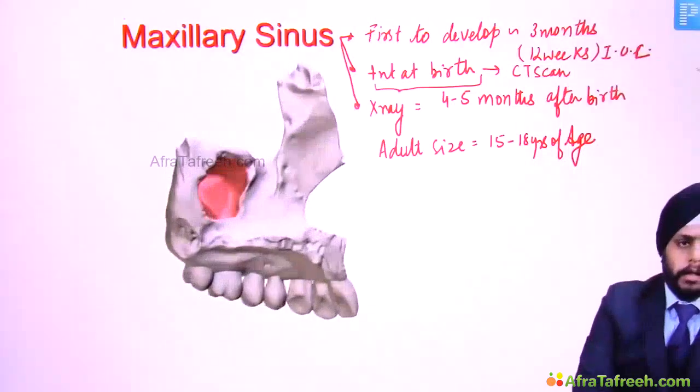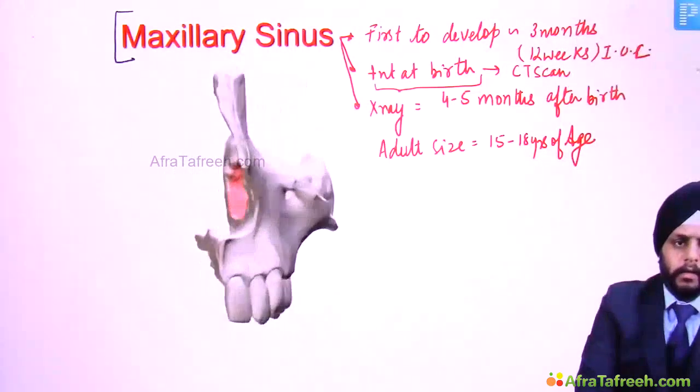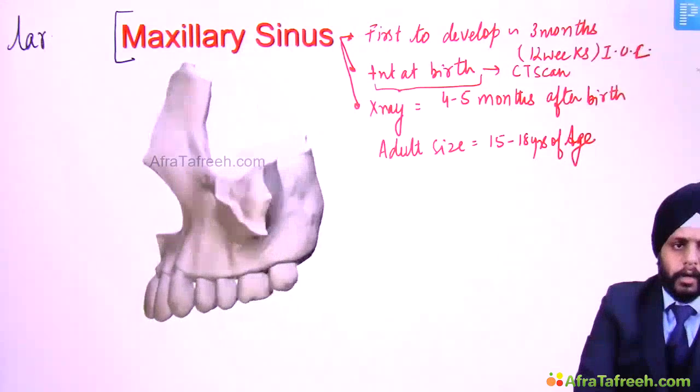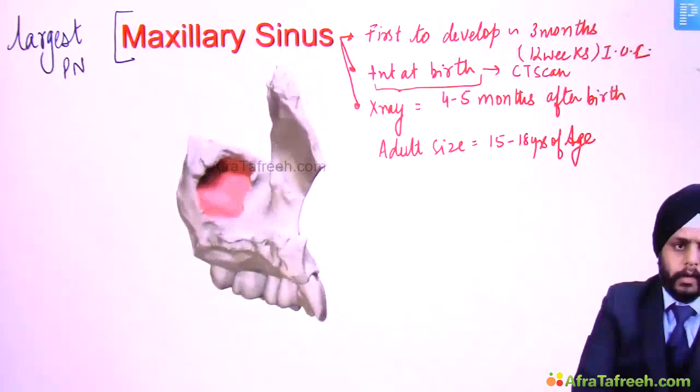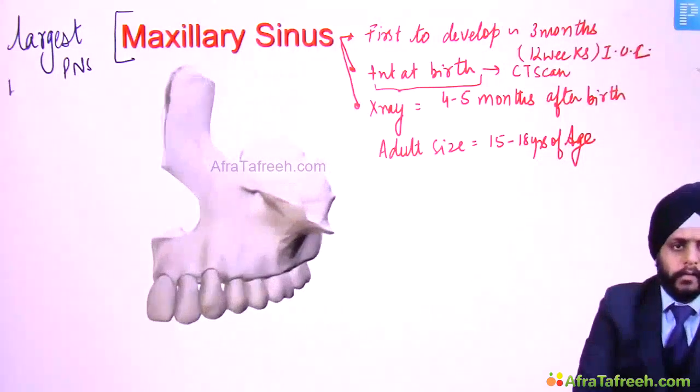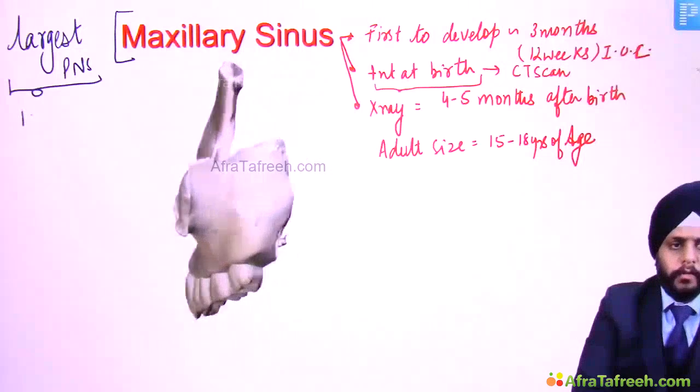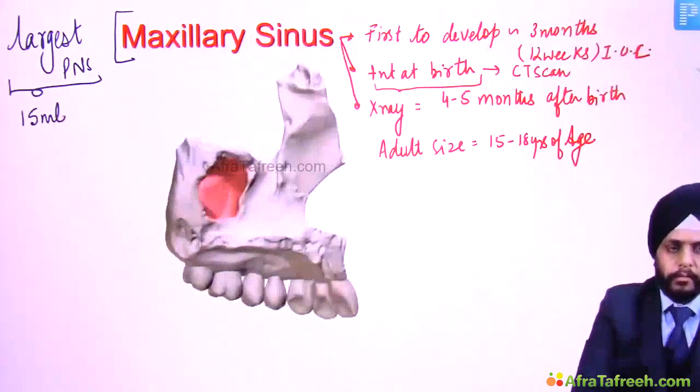Now remember, this maxillary sinus is the largest paranasal sinus. Its adult volume is approximately 15 ml.